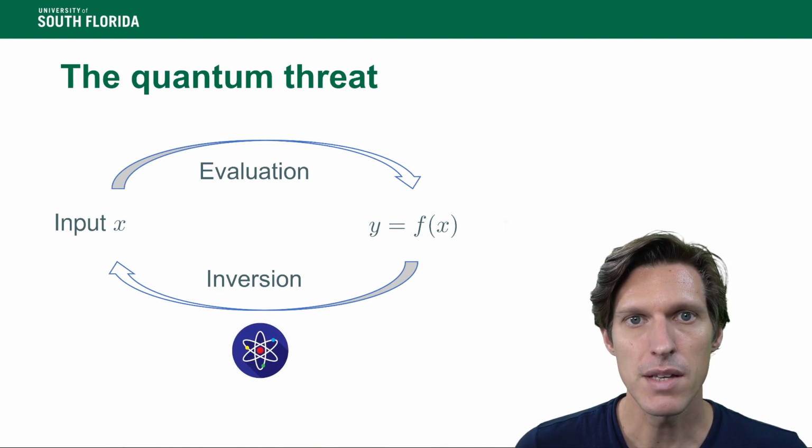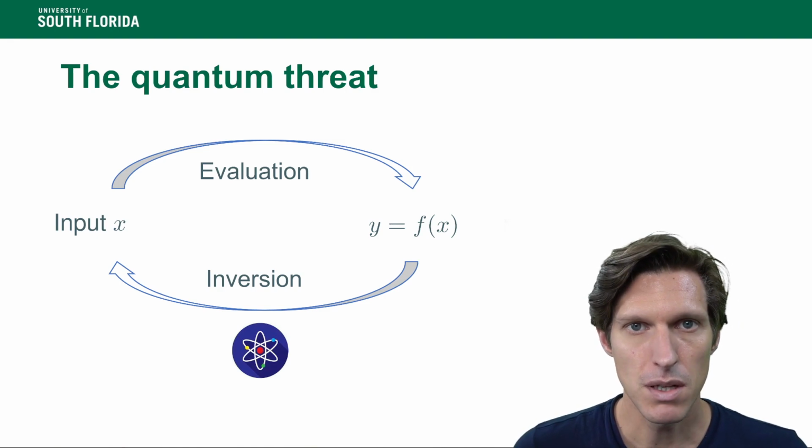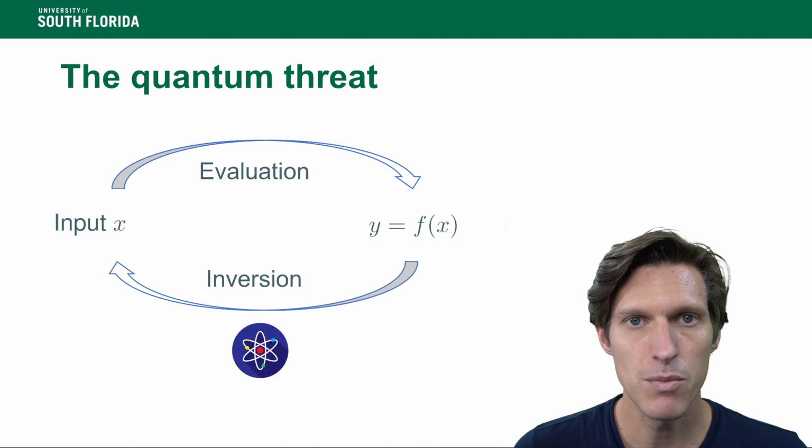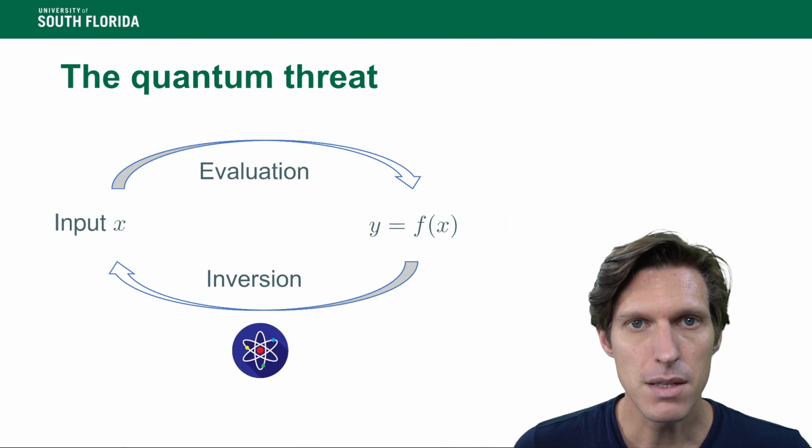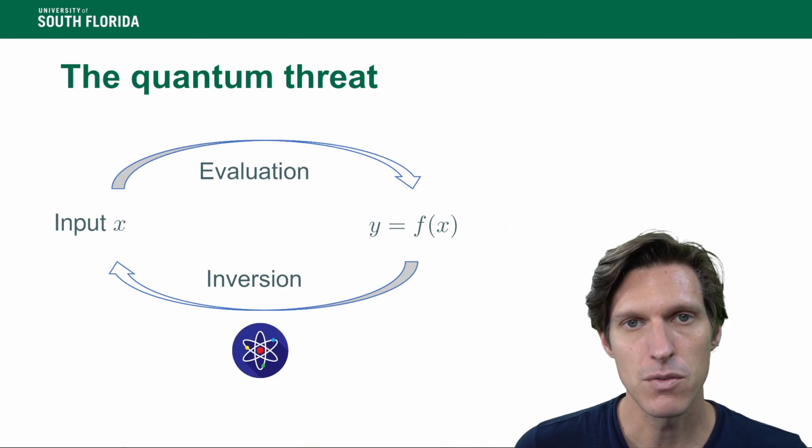So the first generation of asymmetric encryption schemes that were developed, such as RSA and also encryption with elliptic curves, will not resist quantum attacks.